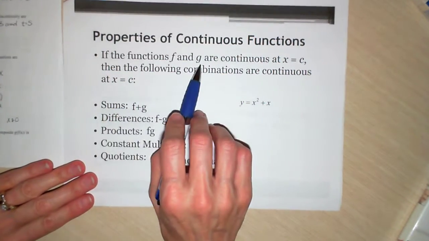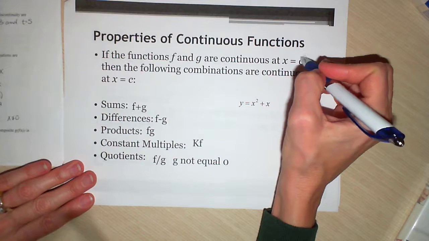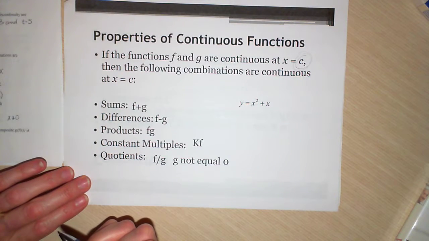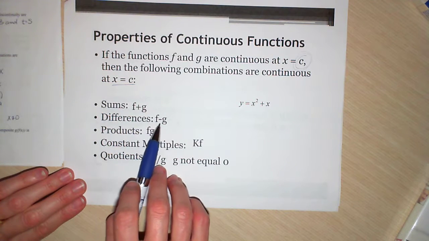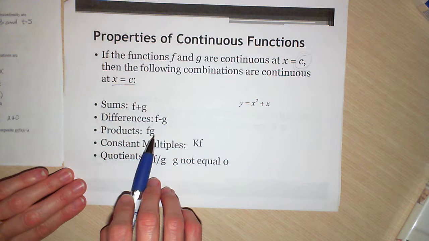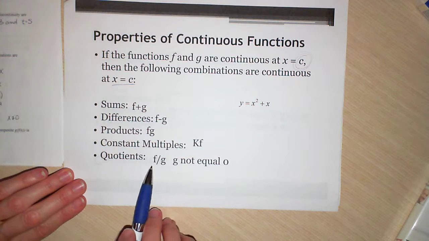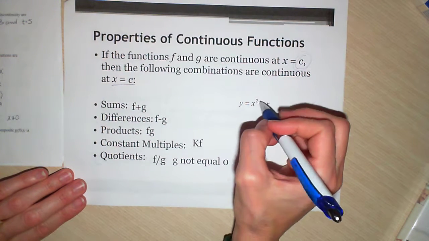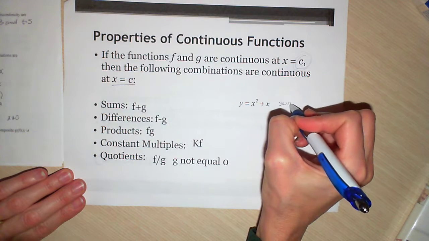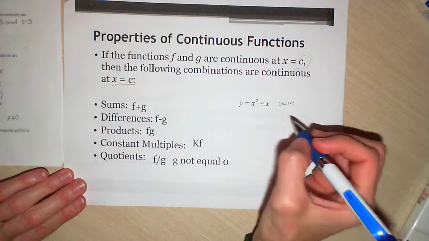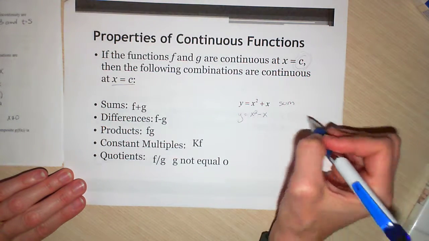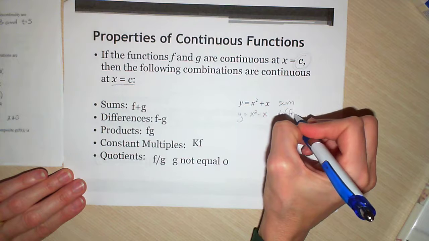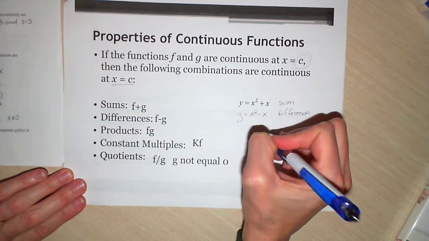The next one is properties of continuous functions, and these are pretty self-explanatory. So if you have 2 functions continuous at a point, right, they're continuous at c, then the following combinations are also continuous at c. So addition, subtraction, multiplication, multiplying by a constant, and division. Right, so this would be an example of the sum property. So an example of the difference property might look like this, and so on.